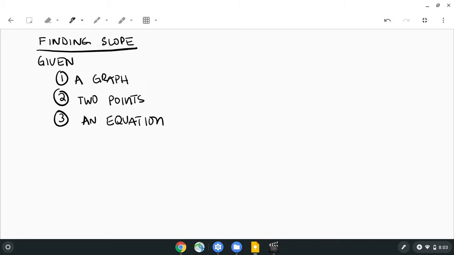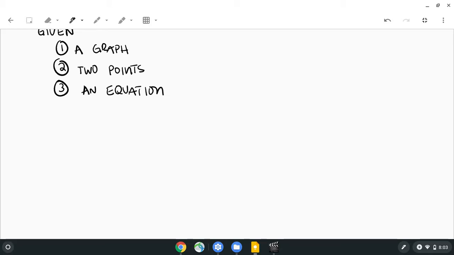So before we get into them, let's also talk about how we find slope in general or what it means. So we use the letter M for slope.